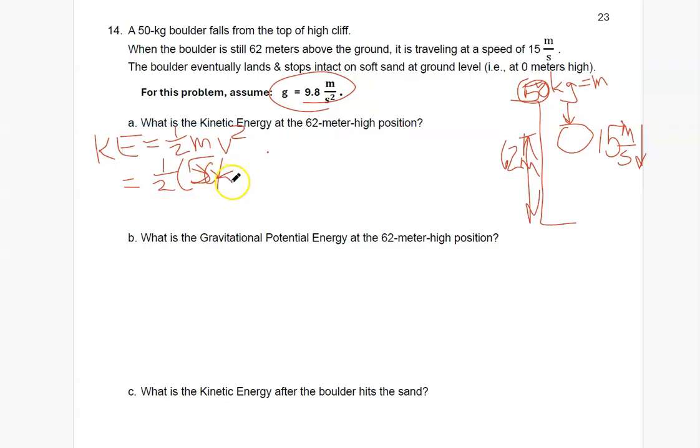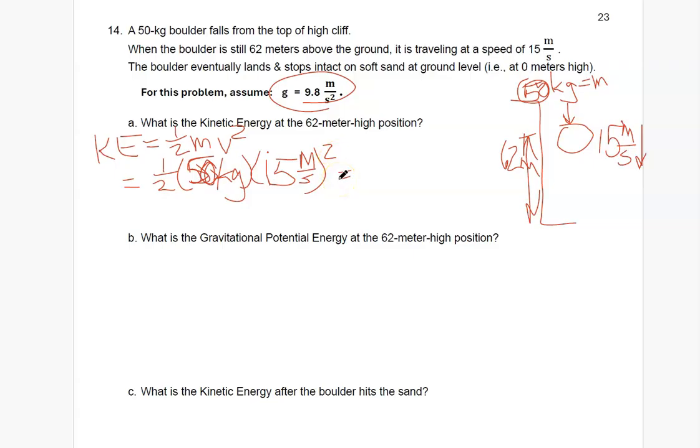And we're going to multiply it by not just the speed, but the speed squared. The speed at this point is 15 meters per second, so we have to square that first.